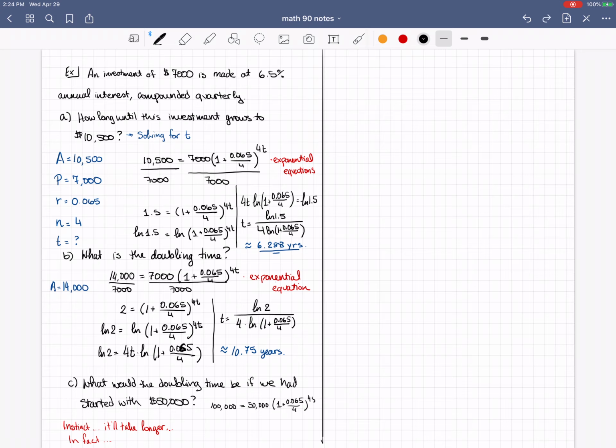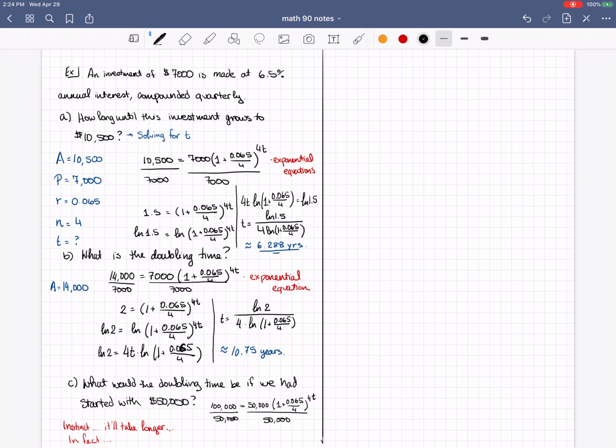Let me clean up that weird looking T. Well, the first thing you would do here is you divide both sides by 50,000. That's how we approached the previous two examples.